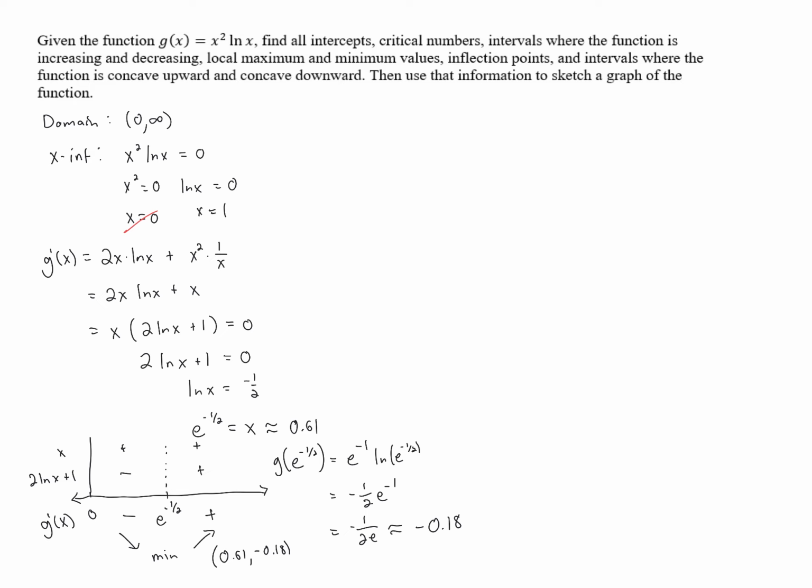So we're going to have to differentiate the first derivative, and I'm going to pick this version to differentiate because it seems to be the nicest version. So our first derivative is 2x ln of x plus x. And then if we differentiate that again, we're going to use the product rule here.